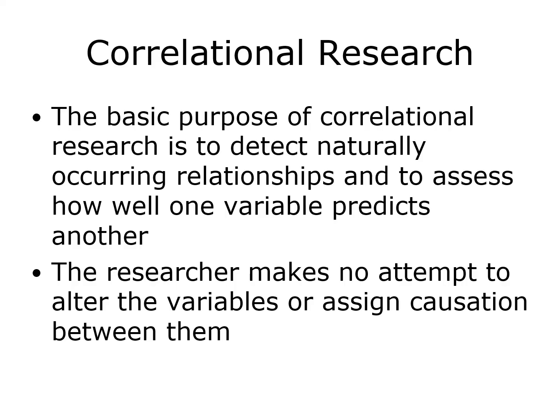The most important thing that you have to remember about correlational research is there's no attempt to alter any variables. We're looking at naturally occurring relationships, and we're not looking at cause and effect. There's no causation between these. These things are already happening in our environment, and we're just looking at how one variable predicts another. Remember, no cause and effect.